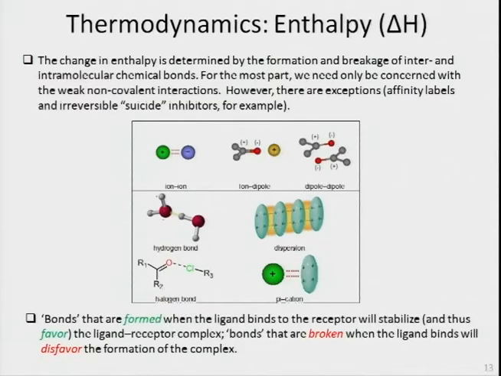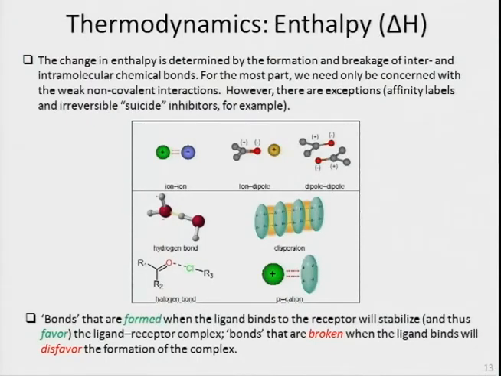So, another kind of special case of this is the pi-cation interaction, where a positive ion will interact with the negative charge that's associated with the electrons in the cloud. I also include halogen bond here. This is generally not so important for GAGs, so I won't go into it now, but it's another case of a dipole-dipole interaction.